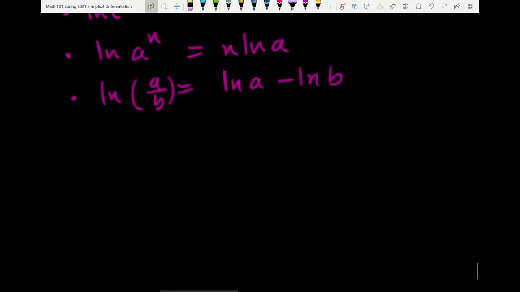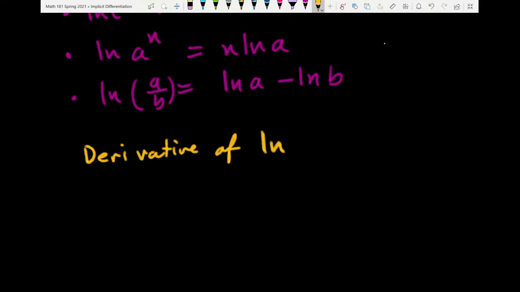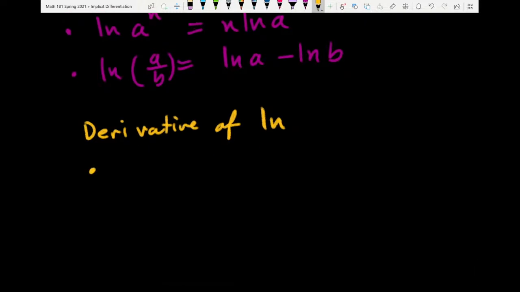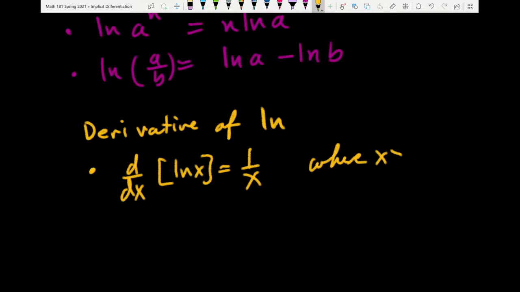From that, we can find the derivative of natural log. First, the simple one is the derivative of just natural log of x would be 1 over x, where x is greater than 0.